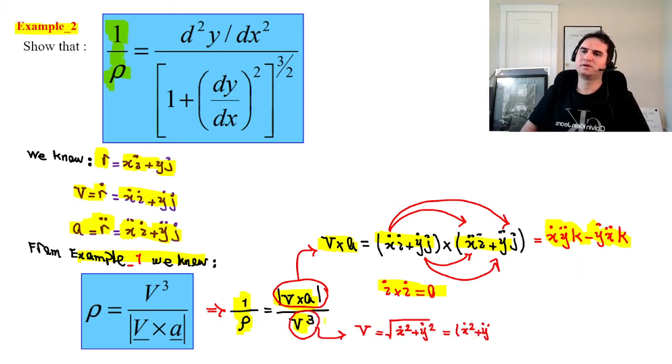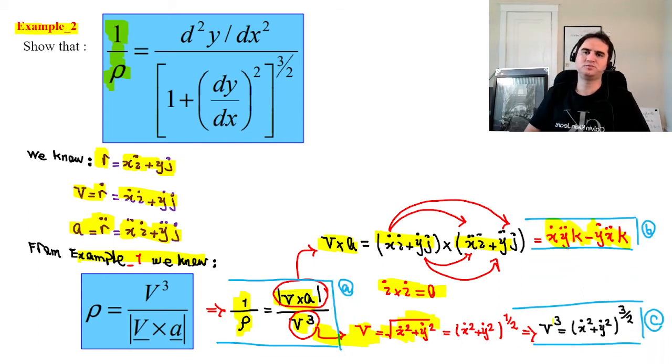For the denominator, velocity is the square root of x dot squared plus y dot squared. And if you want v cubed, just make a cube of that. So that's x dot squared plus y dot squared to the power of 1.5.